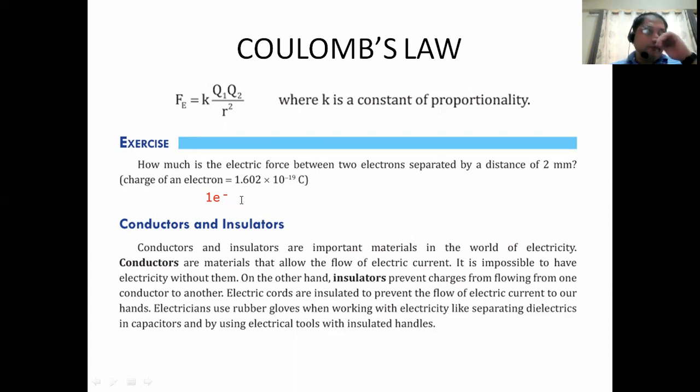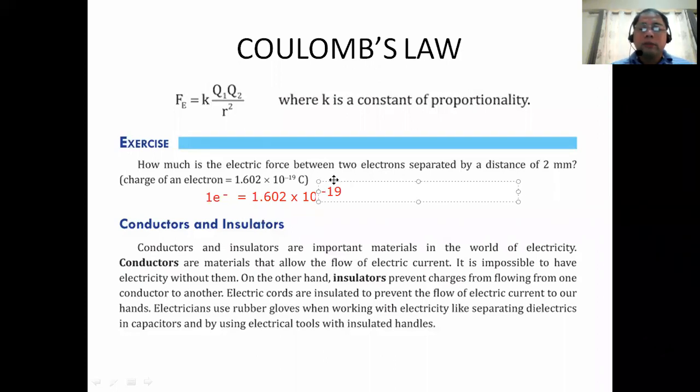Now therefore you can eventually know how many electrons there are in 1 coulomb. If you have a value like this and you want to know how many electrons are present, then we can reverse the process and find how many electrons are present in 1 coulomb.